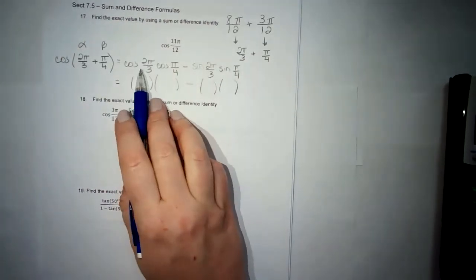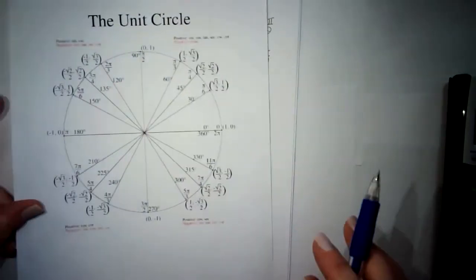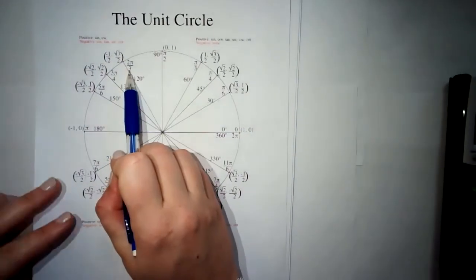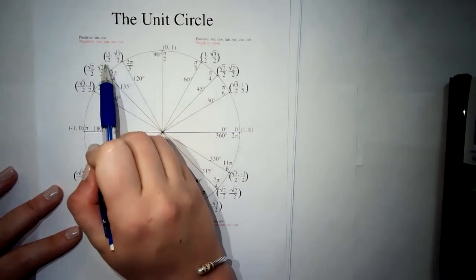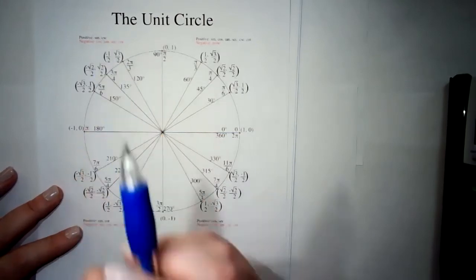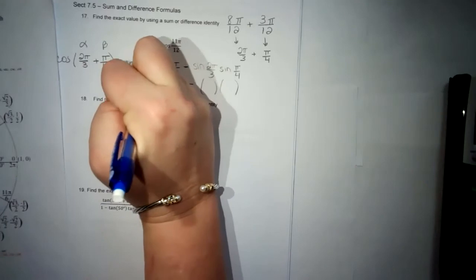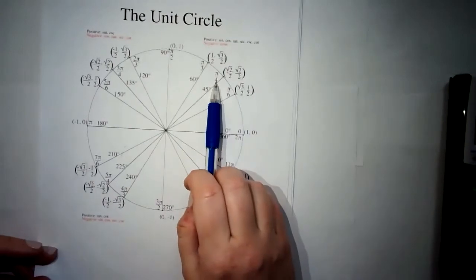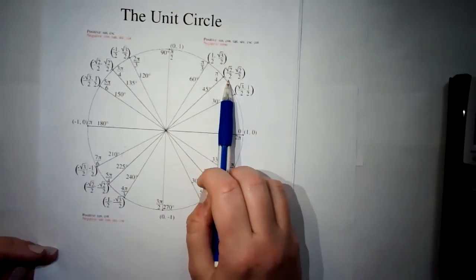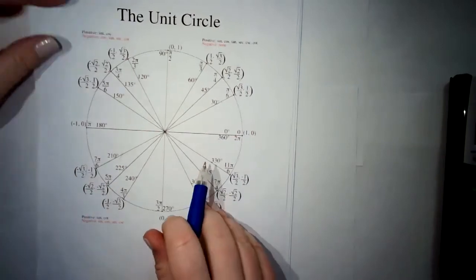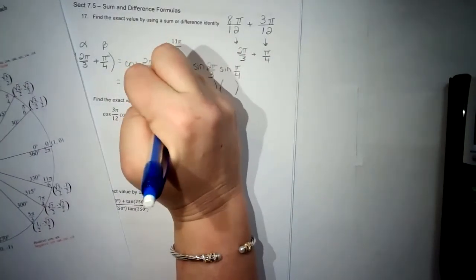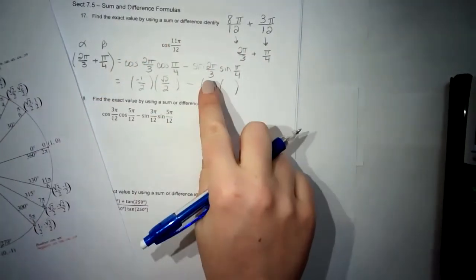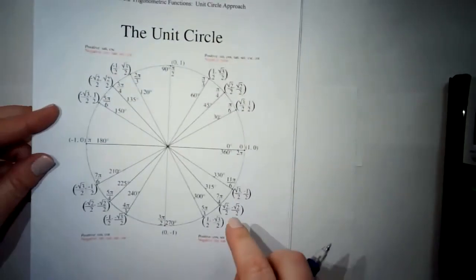So I want the cosine of 2 pi over 3. Okay, here's 2 pi over 3. My cosine is negative 1/2. That's what goes in there. Then I have cosine of pi over 4. I find pi over 4. Here's my cosine. It's root of 2 over 2. That's what's going to go in there. Okay, now I'm looking for sine 2 pi over 3.